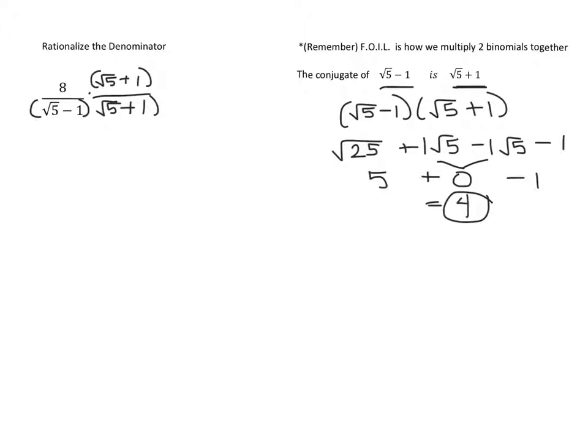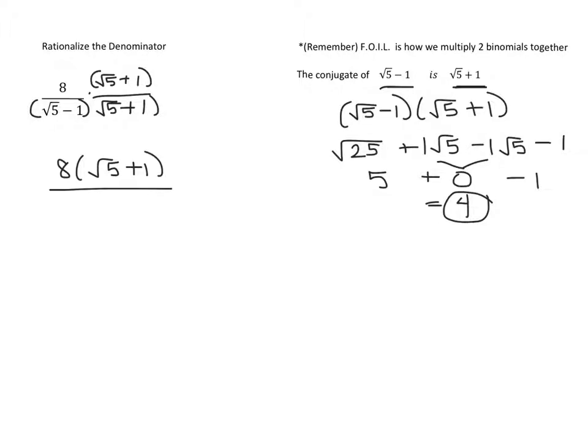So now I want to multiply out the numerator and the denominator, but I will say this. I may wait to multiply the numerator through, and the reason I say that is a lot of times when you multiply the denominator out to get rid of your radical sign, you are left with a number that crosses out and cancels with something in the numerator.